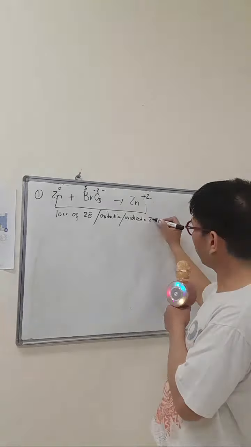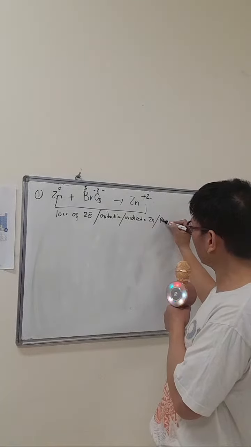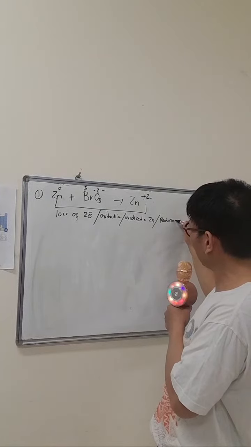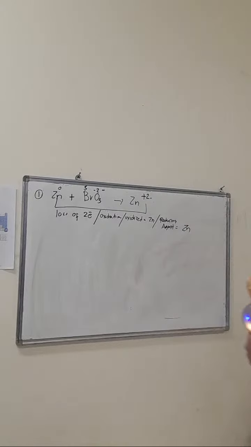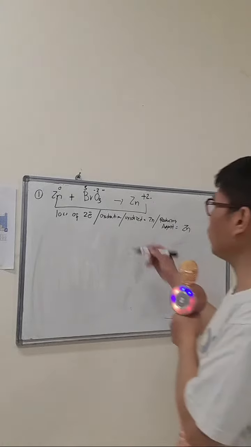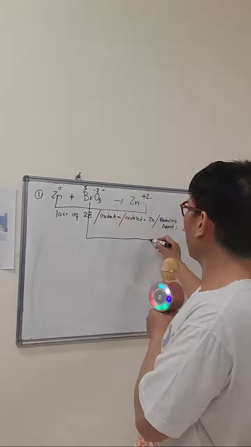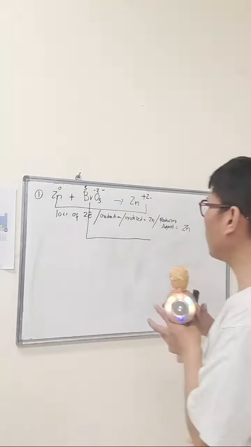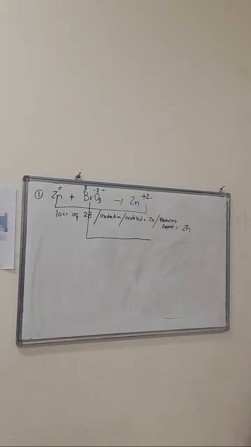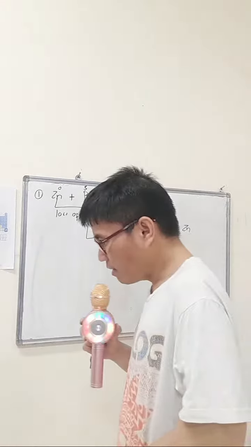And what is our reducing agent? Our reducing agent is still the zinc because we don't have a compound. And then the reverse will be the reduction, the bromate, of course.